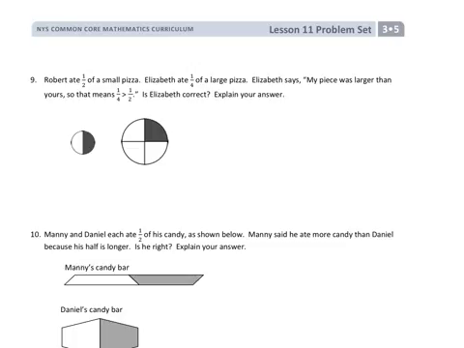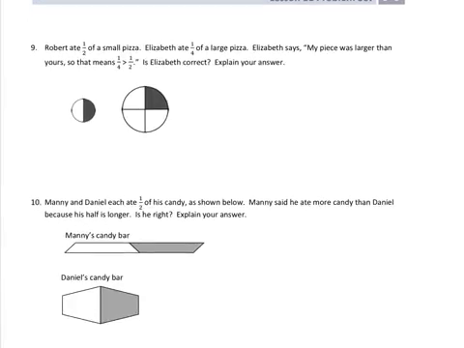And now we're on number 9. Robert ate half of a small pizza, which is here. Elizabeth ate 1/4 of a large pizza, which is here. Elizabeth says, my piece was larger than yours, so that means 1/4 is greater than 1/2. Is Elizabeth correct? Well, this quarter here is definitely bigger than this half. But are they the same pieces? Are they the same size? If we got a half here, that would be bigger than this 1/4, or greater than.